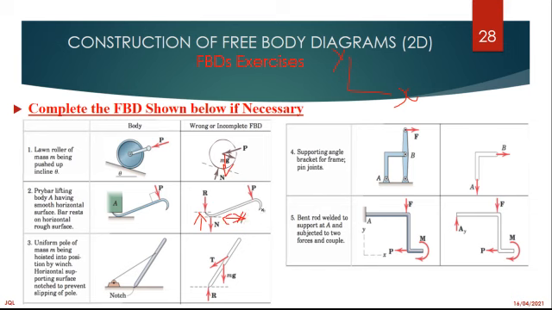Then number 3, uniform pole of mass M being hoisted into position by a winch, horizontal support pertaining surface notched to prevent slipping of pole. So where there is a notch there, it's not supposed to move in the X, right? The mg, right?